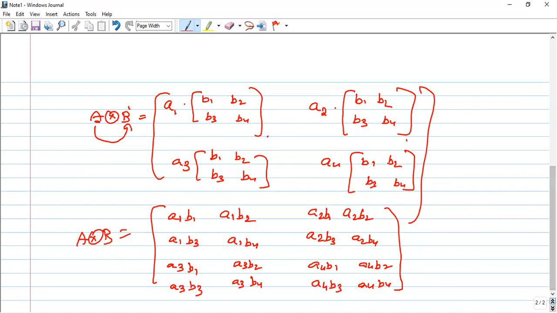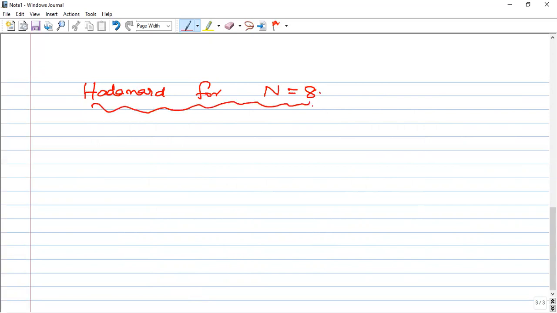Okay, now I am calculating the Hadamard transform for capital N equal to 8. While calculating for N equal to 8, you have to write first the formula. Step 1: definition.